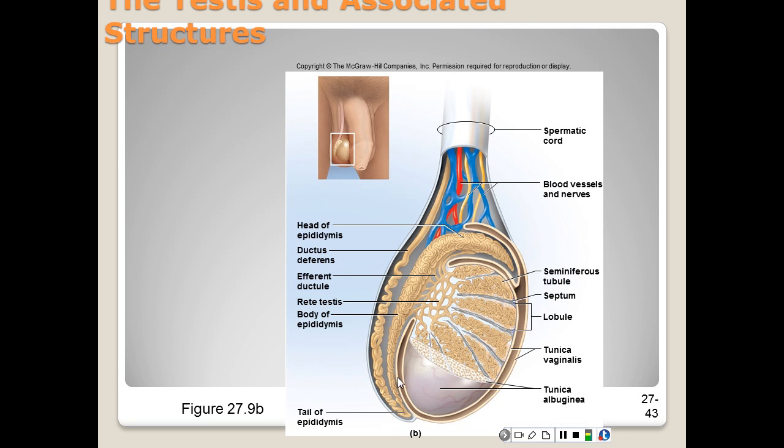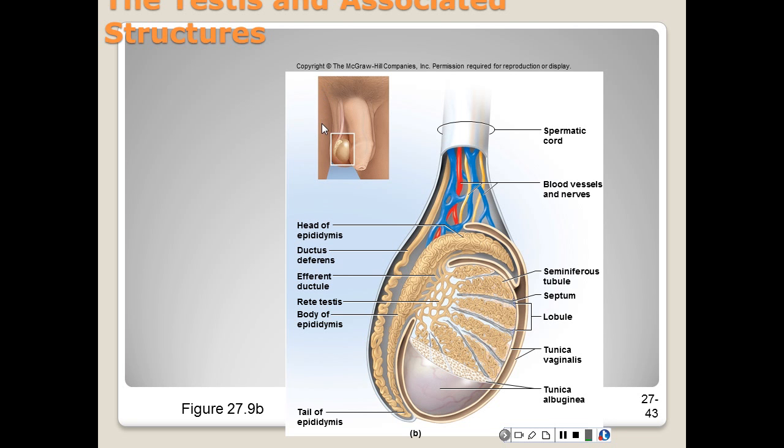It passes upward through the spermatic cord and the inguinal canal into the pelvic cavity. You see it going up in here. After passing between the bladder and the urethra, it turns downward behind the bladder, which we don't see, and then it widens into a terminal ampulla.